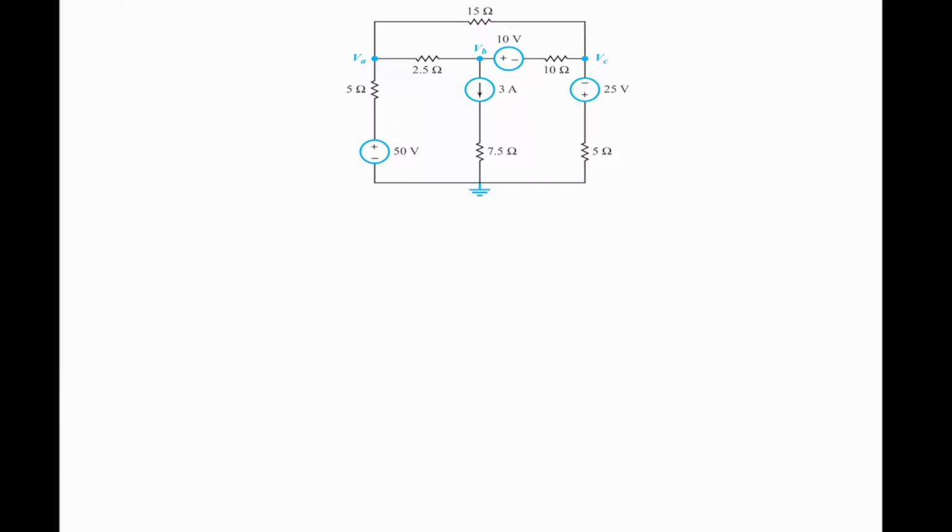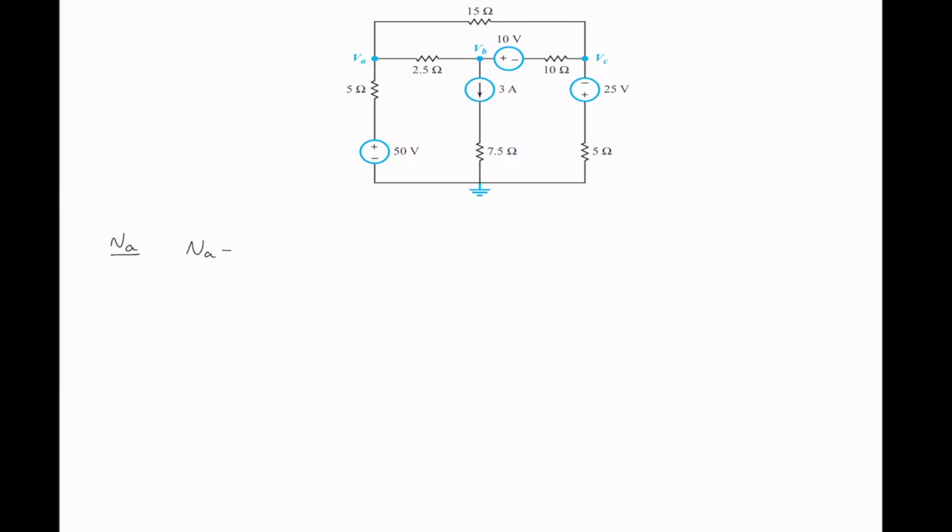So let's apply KCL at each terminal. Let's start with terminal VA. At terminal VA, we take VA with reference to the 50 volt source. We're seeing a positive terminal from VA, so that's minus a positive.